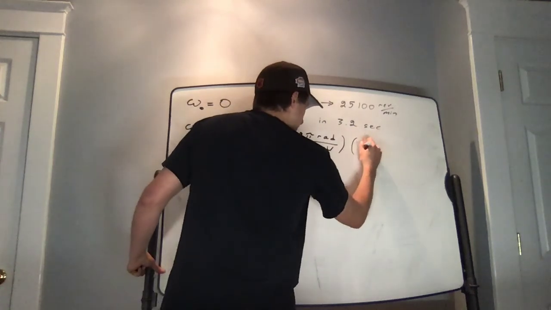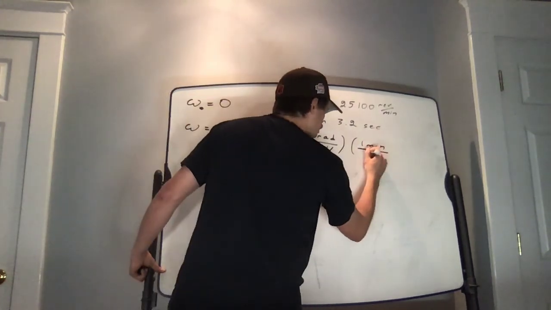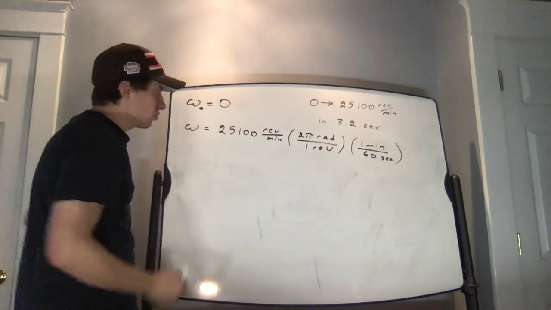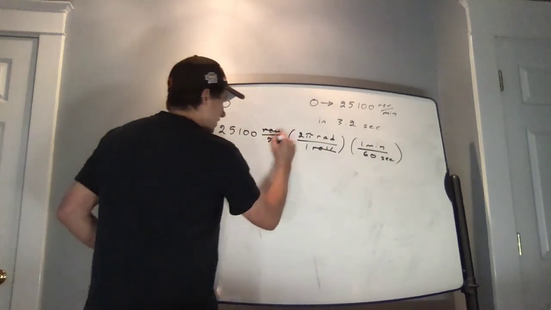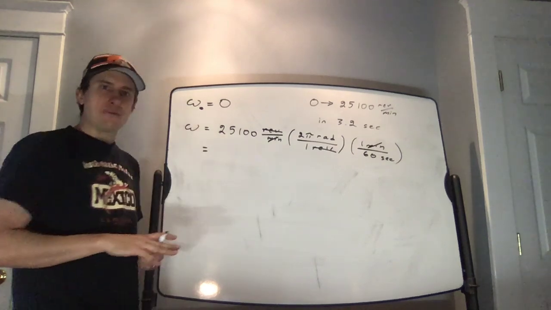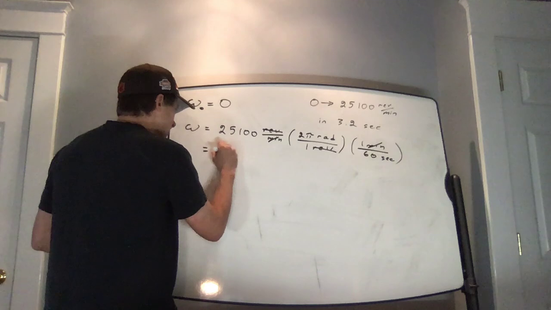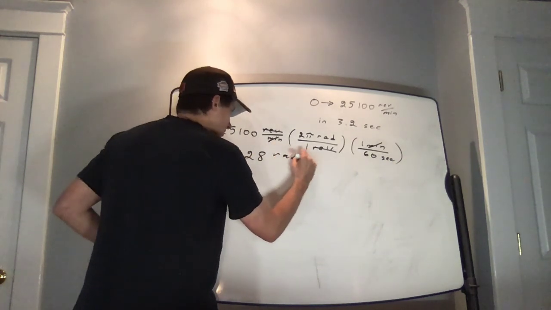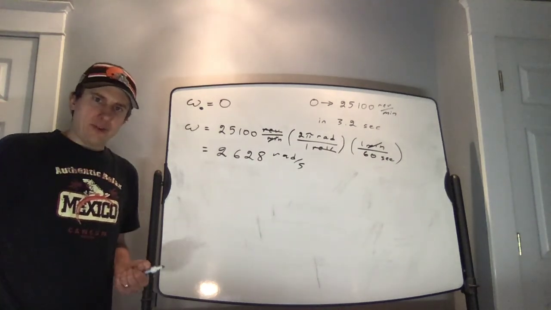I will put 1 minute upstairs because minute is downstairs here over 60 seconds. And when I do this conversion, revolutions and revolutions will cancel, minutes and minutes will cancel, and I find that the final angular velocity of the drill is 2,628 radians per second.